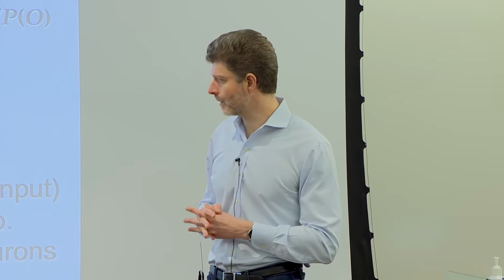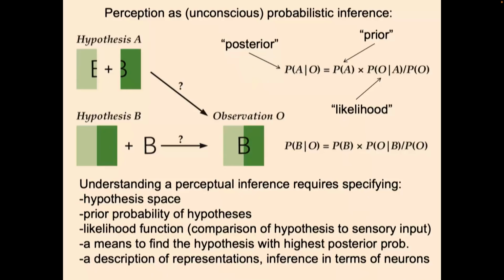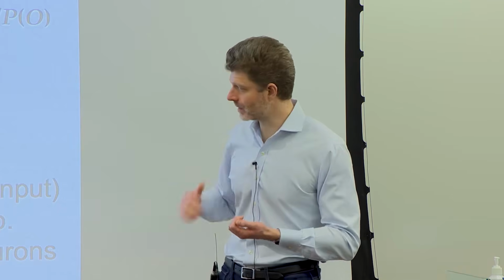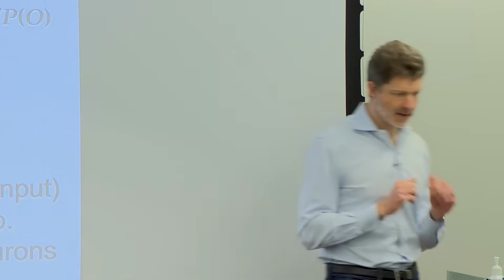And then ultimately, if you want to understand how all this happens in the brain, we need a description of the underlying representations and of the inference in terms of neurons. So there are lots of different things that we really need to nail down to say that we understand this.